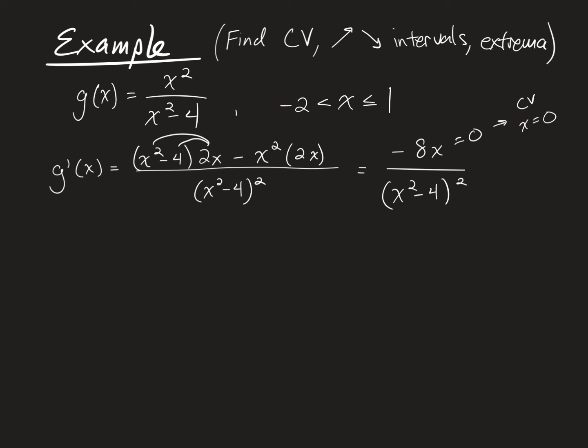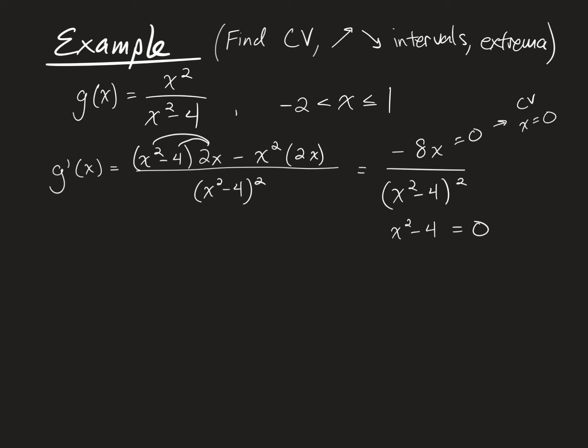Hooray! But we can also set the denominator equal to 0 to find out which critical values make the derivative undefined. So when you do that, we can have x squared minus 4 equaling 0. And again, I'm not writing the square here because I can just take the square root of both sides immediately, and the square root of 0 is 0.